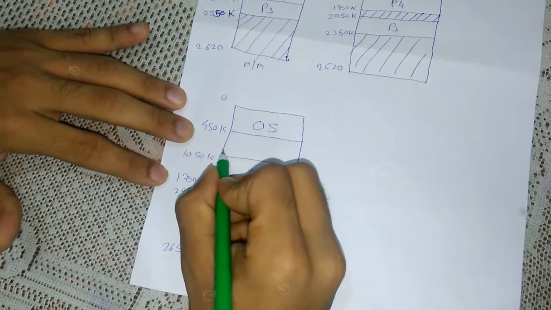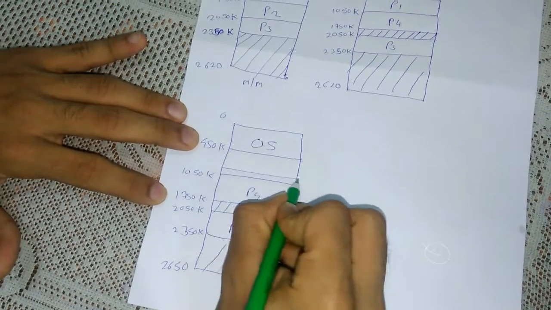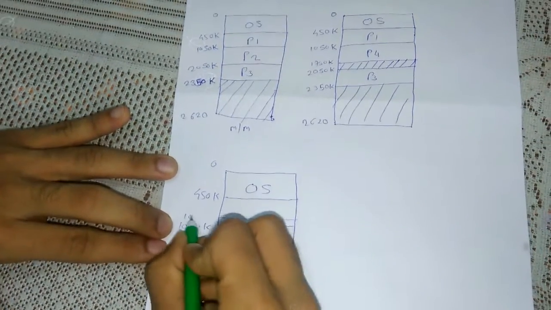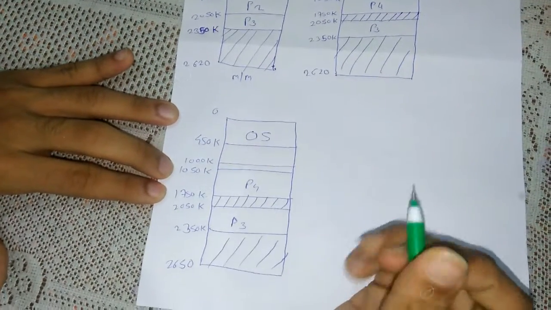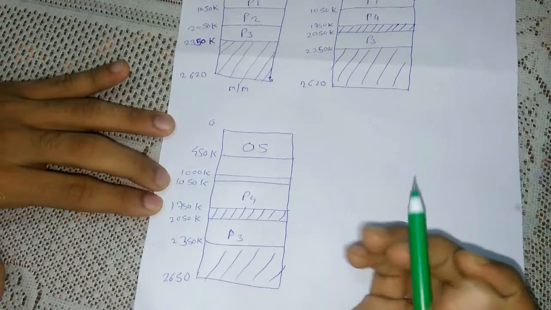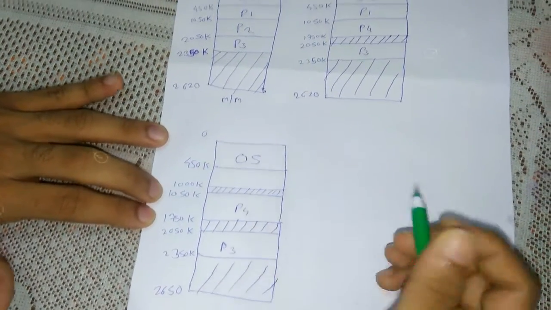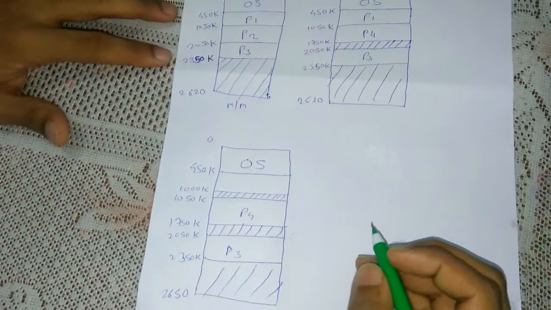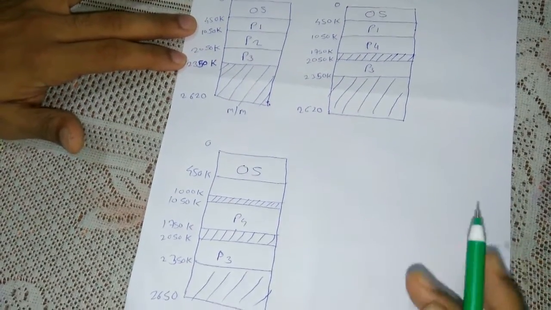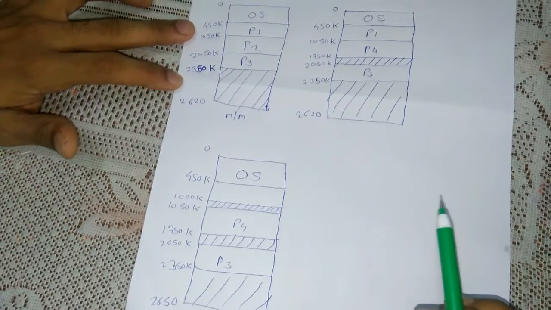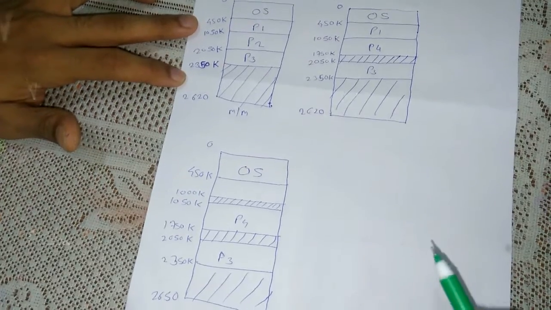So 450 plus 550 becomes 1000 kilobytes, which is less than 1050 by 50 kilobytes. Again we get unallocated space of 50 kilobytes. So make it unallocated, and that's it. Our example has been solved, and through this example we can illustrate how processes are swapped out and swapped in in multiprogramming fixed tasks.